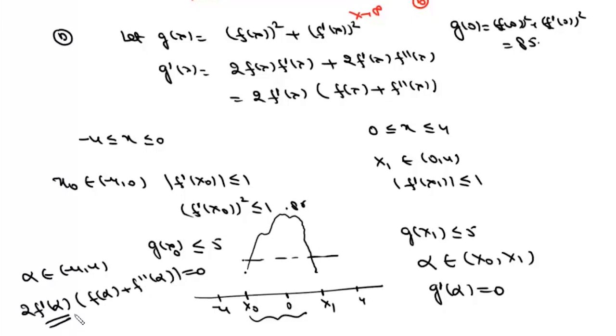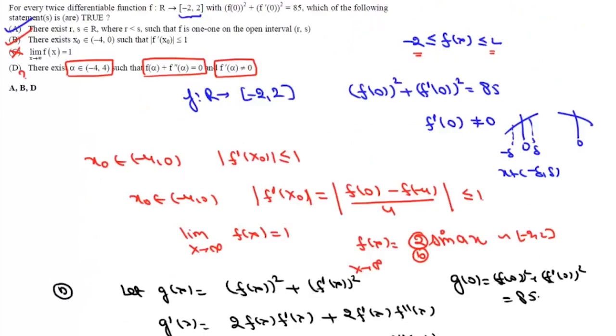Now f dash alpha cannot be 0. In this case the value at alpha will be maximum, so this g(alpha) will be f(alpha) square plus f dash alpha square, and it should be greater than or equal to 85. Now if f dash alpha is 0, f(alpha) should be under root 85, but it cannot take a value greater than 2. So that means this f dash alpha can never be 0. So the only condition that we'll get here is f(alpha) plus f double dash alpha must be equal to 0.